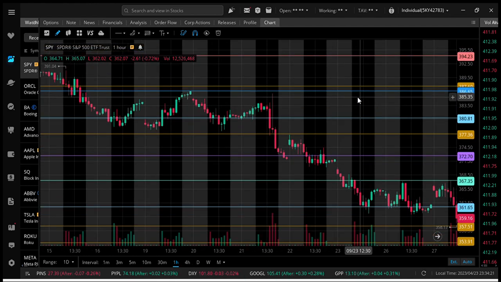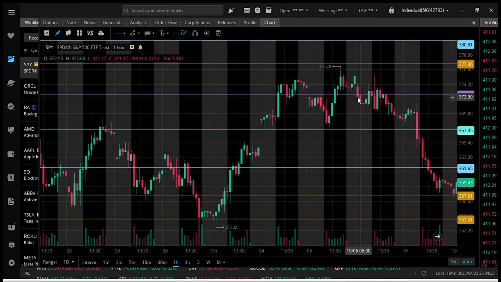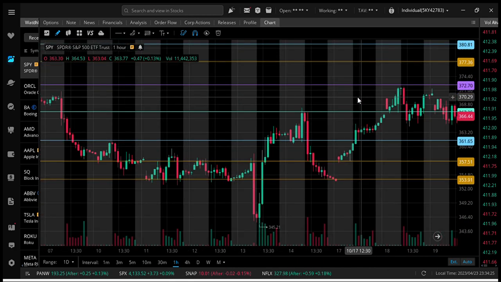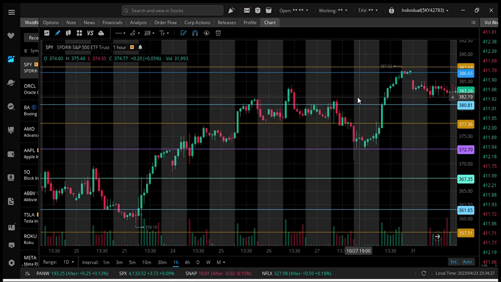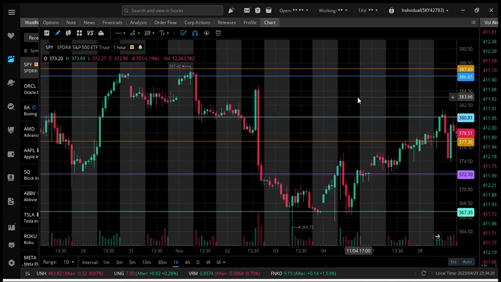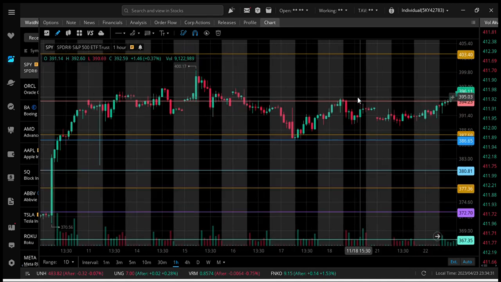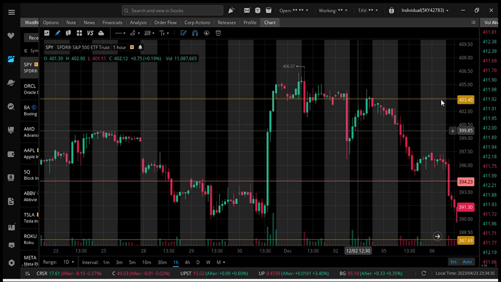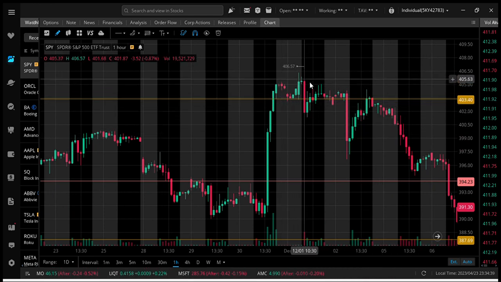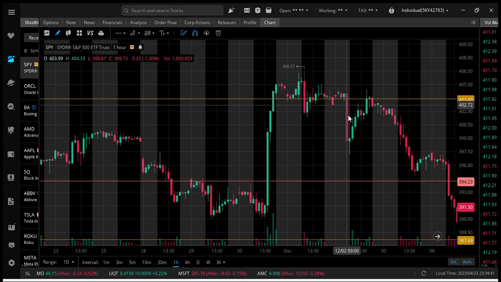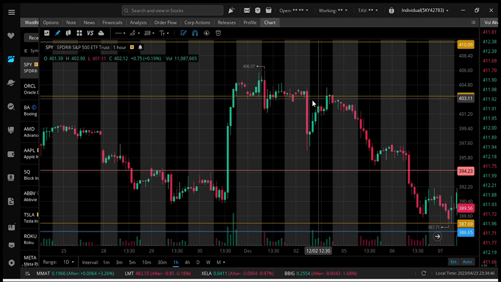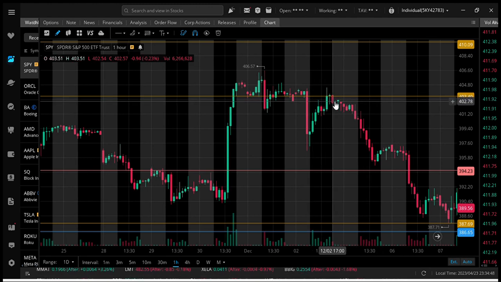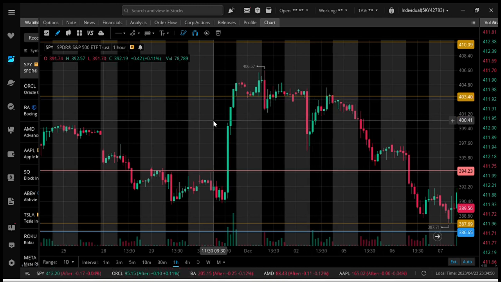Let's see if it ever comes back up to 403.40. Pop back above it and it lost it again. It reversed. That's the same spot that we were just looking at. Same down spot. Damn.